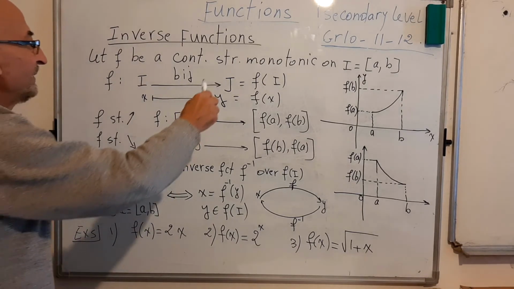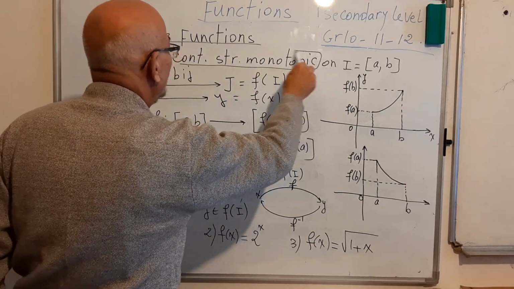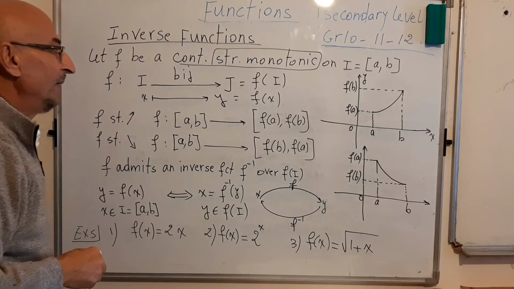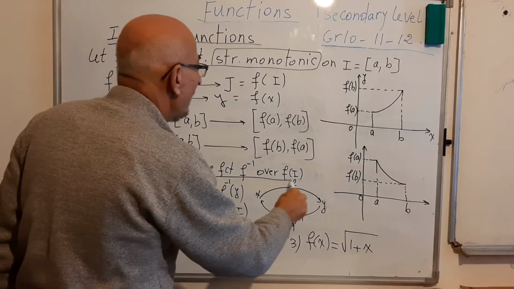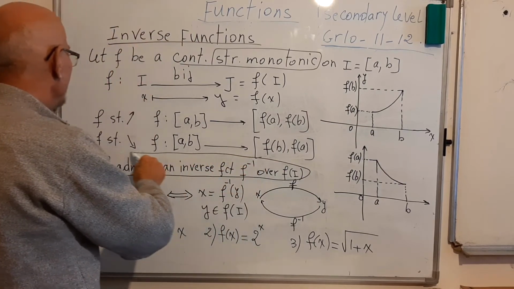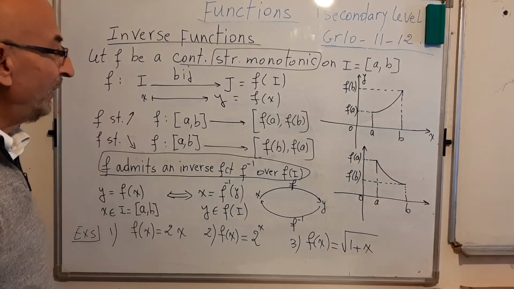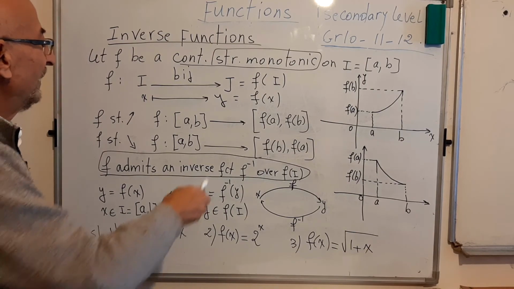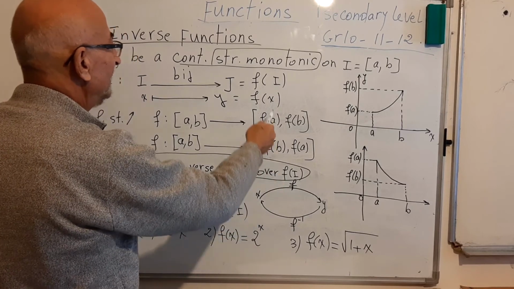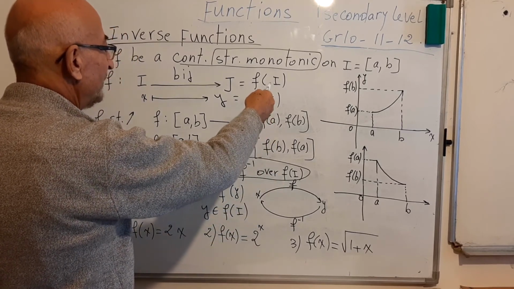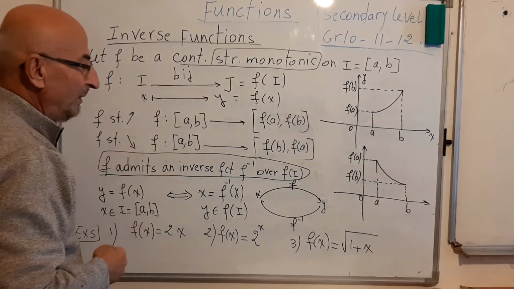In this case, if f is continuous, strictly monotonic in the interval ab, f admits an inverse function, noted f minus 1, over f of I. f minus 1 is a function from f of I to I.